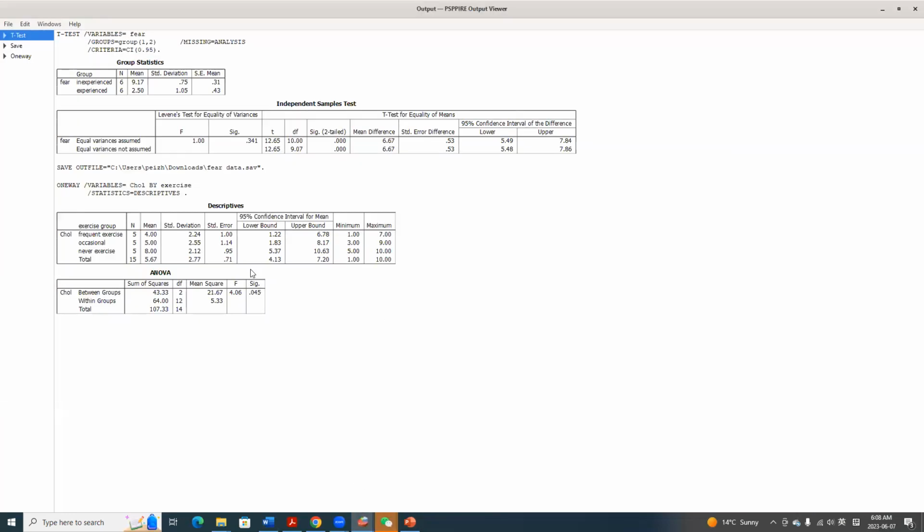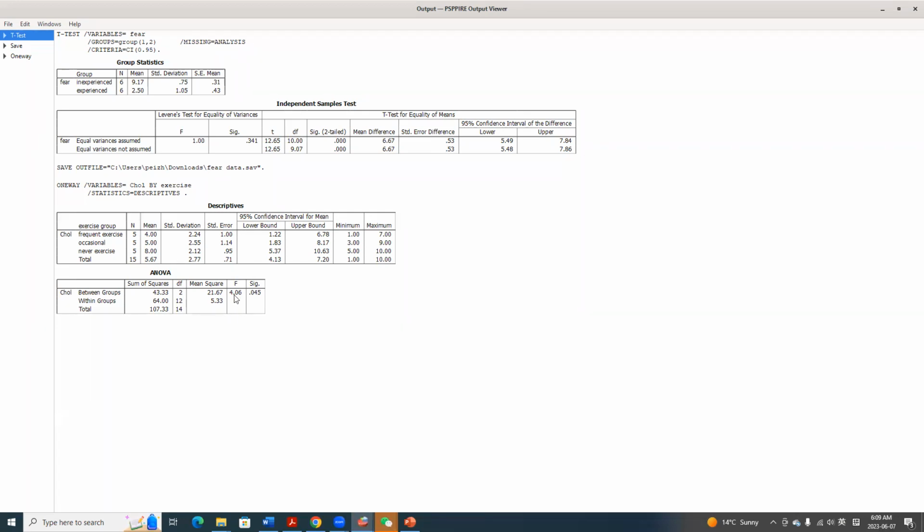Let's double check. Here you have 2 degrees of freedom. One is the between group degrees of freedom. That's 2, based on 3 groups minus 1. And within group, for each group you have 5 people, so 5 minus 1 is 4 degrees of freedom. Altogether you have a total of 12 degrees of freedom.